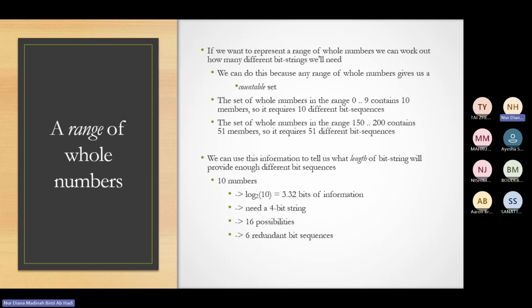Can anyone explain this one? How come 150 to 200 has 51 members? If we do the normal calculation, 200 minus 150, you only get 50.